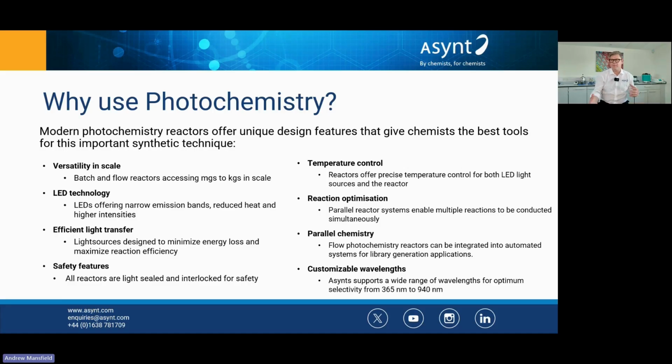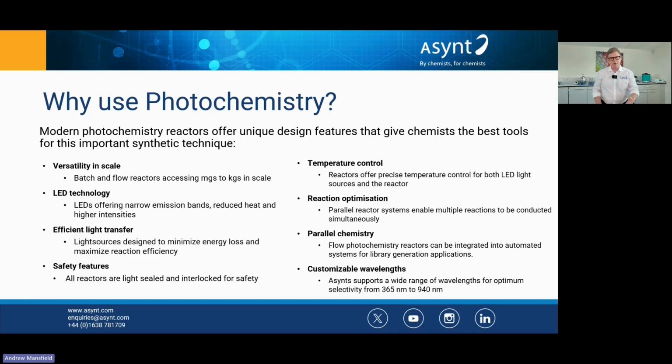So access to both batch and flow photochemical reactors allow us to optimize and explore method development under batch conditions, and then potentially use flow methods to scale. And we have customers that are working in tens of kilograms on large, high-intensity photochemical reactors, continuous photochemistry reactors.